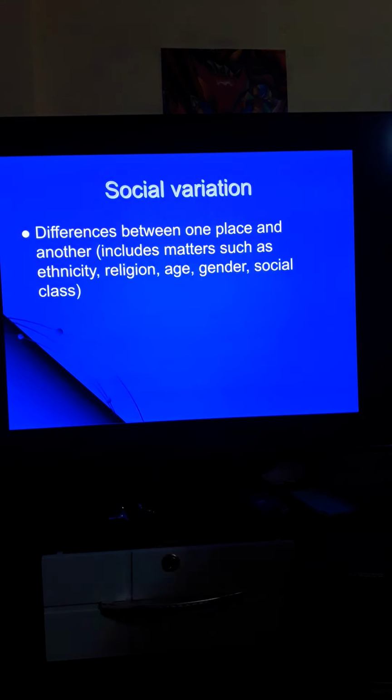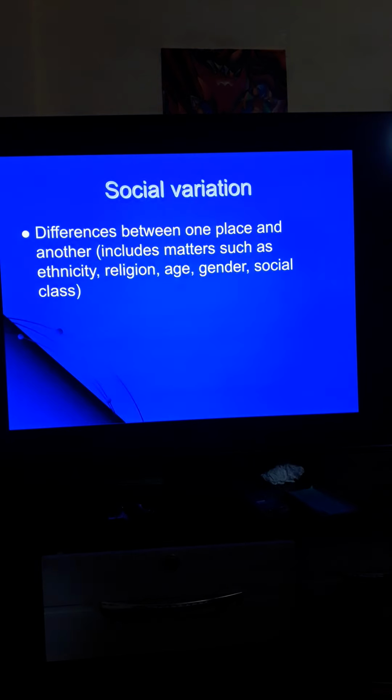That's why I told you we can talk about sociolinguistics, because it's different when people speak in an informal way or in a formal way. Also, the vocabulary of children is different. That's why with social variation we can notice different pronunciations.